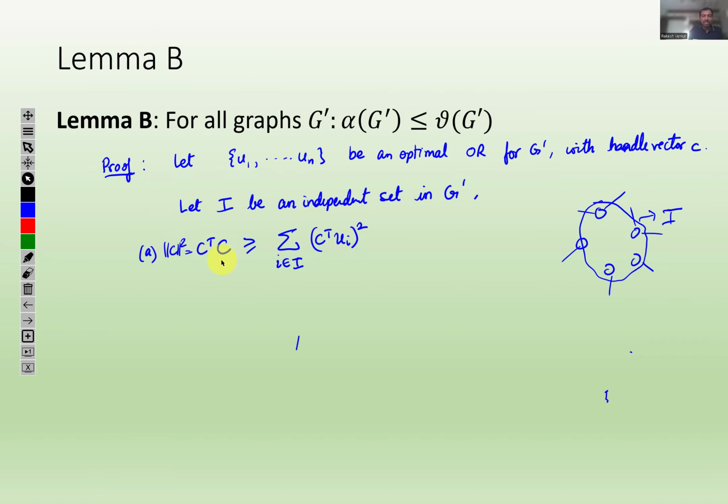But I know that C is a unit vector. The handle vector is a unit vector to begin with. This implies that 1, which is basically norm C squared, is greater than or equal to, and now maybe I will do this translation over here itself. Let me write it again.